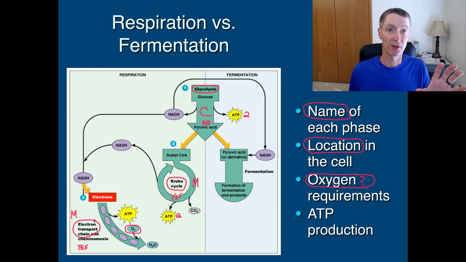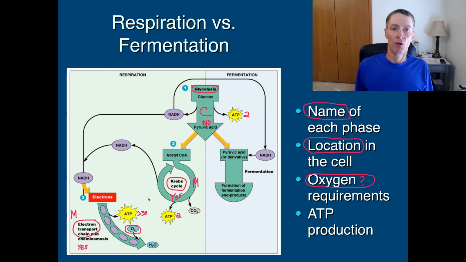But then throughout the electron transport chain, we get in excess of 30 ATP molecules. 34 would be a maximum. So we're going to get a lot of ATP out of this process. If we get 34 out of the electron transport chain, add the other 2, we're getting up in the 38 range of ATP molecules, and that's our big payoff. The reason we're in this game is to get usable energy in the form of ATP.